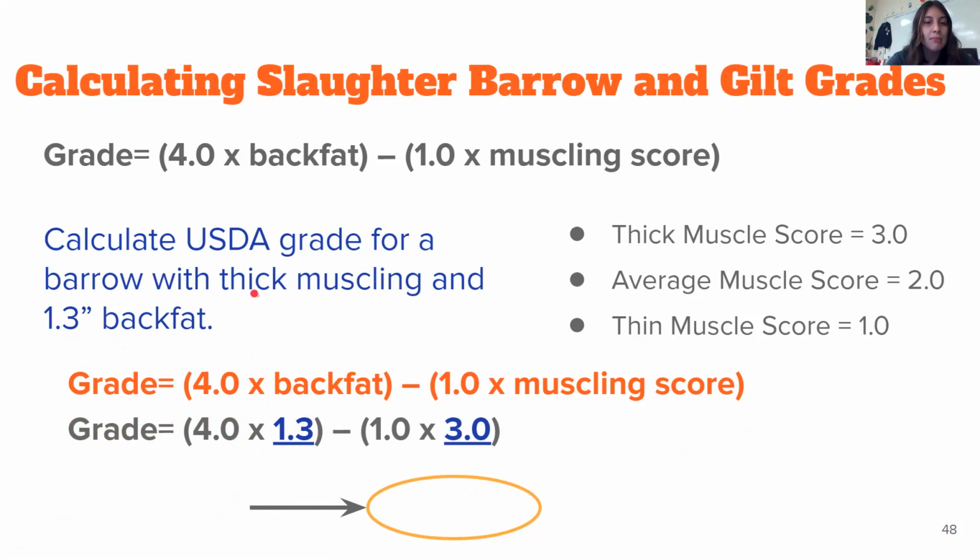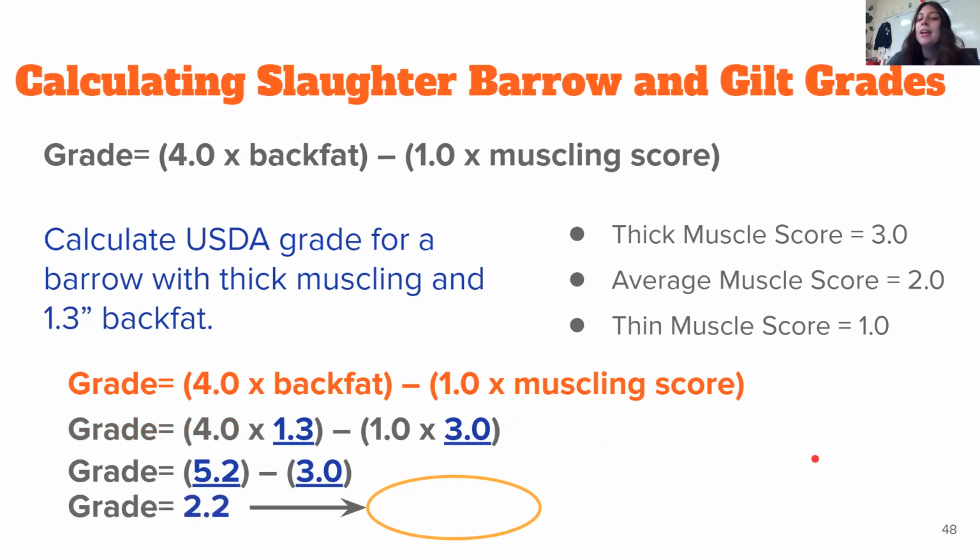And then we have thick muscling, so we get a score of 3.0, which is why we have this here. Solve what's in the parentheses, do your subtraction, and ignore anything after the decimal. This pig gets a US number 2. Pretty good, but the pig has a lot of back fat. That's really bringing the score down.